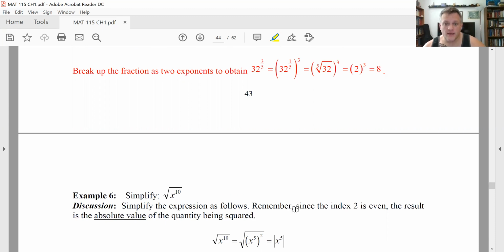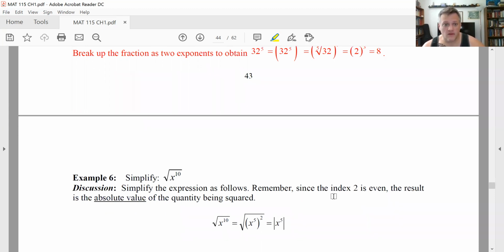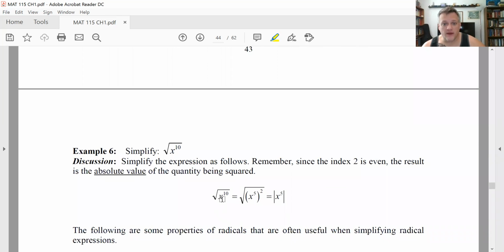All right, and so here is this guy. So let's rewrite, we're taking a square root of something, so we want to write the inside as something squared. Using our exponent rules, that's just x to the 5th squared. So technically now we're taking the square root of that thing squared. The tendency is to think that this would just be x to the 5th.